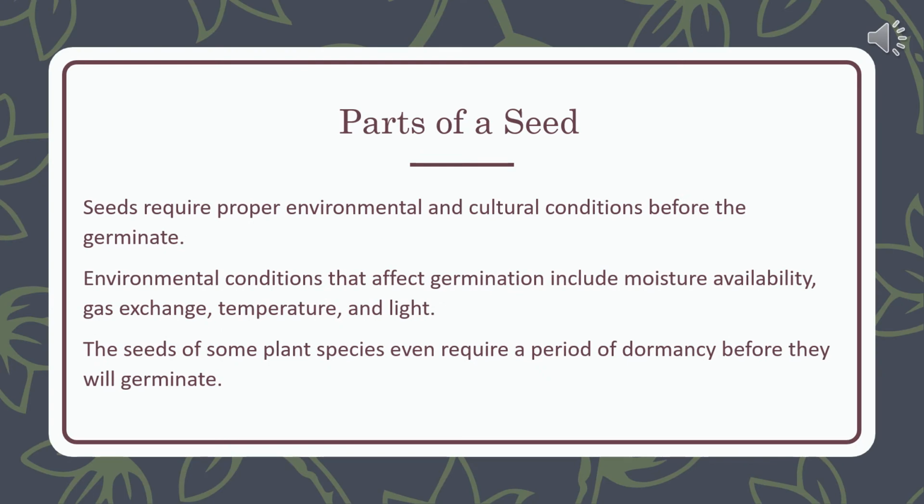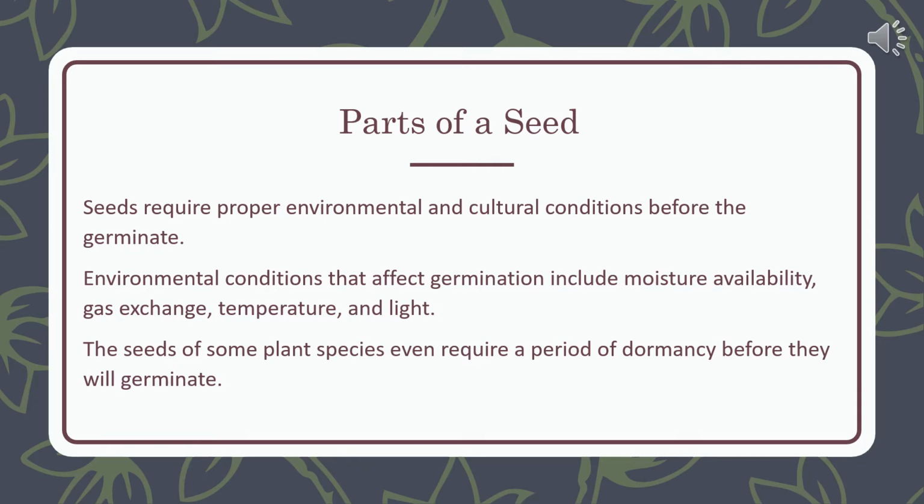So what does a seed need in order to germinate? Put very simply, there are certain environmental conditions that need to be met for each particular seed. And these environmental conditions are going to depend on moisture availability, gas exchange, temperature, and light. And there are some seeds that require a period of dormancy.